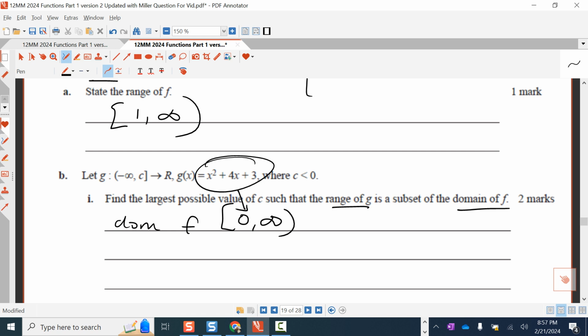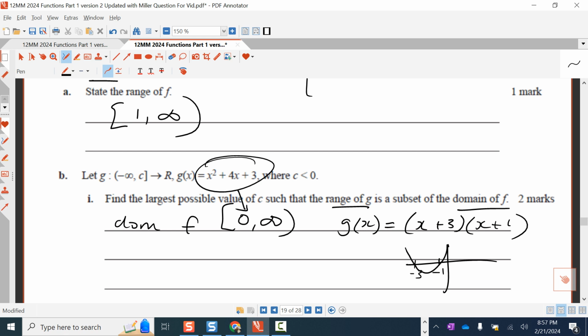I think the best way to do it is graphically. So what I'm going to do is sketch g of x, which is (x + 3)(x + 1). So -1, -3, and our parabola is going to look like that.